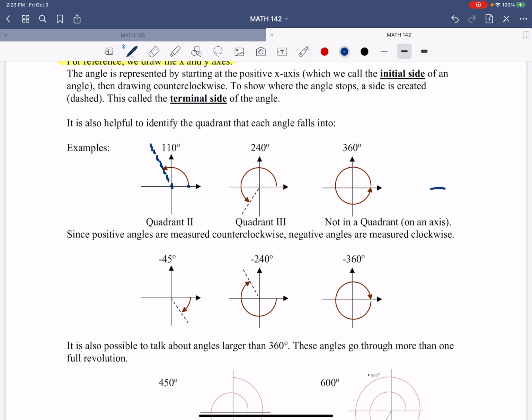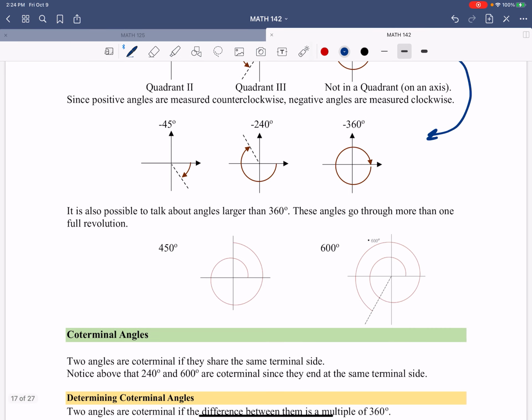We call these kinds of angles coterminal, and it's not specific to 360, but angles are called coterminal if they have the same terminal point, since they always start at the positive x-axis. And we're going to talk about how to figure out what coterminal angles are in a moment.